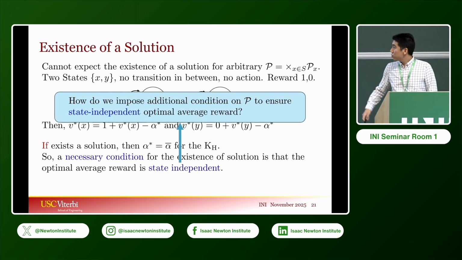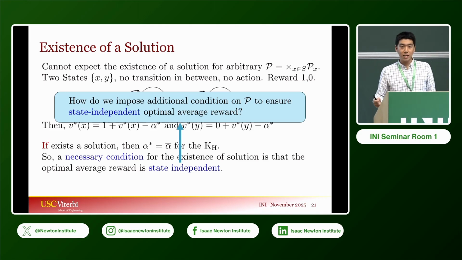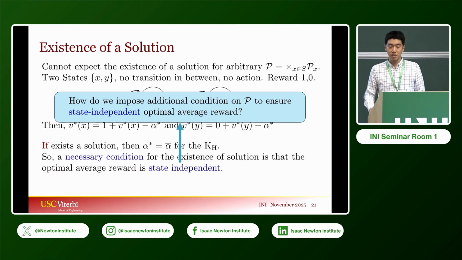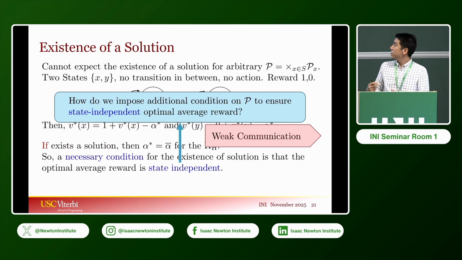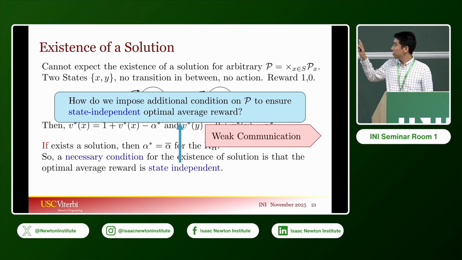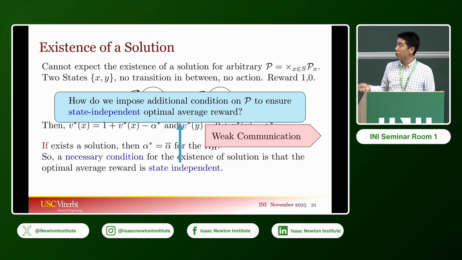Therefore, in order to impose conditions to guarantee the existence of a solution, we first need to make sure that the condition implies state-independent optimal average reward when the adversary is history-dependent. Fortunately, this type of condition exists in the classical MDP literature, and this notion of weak communication really helps us to have this state-independent optimal average reward behavior.